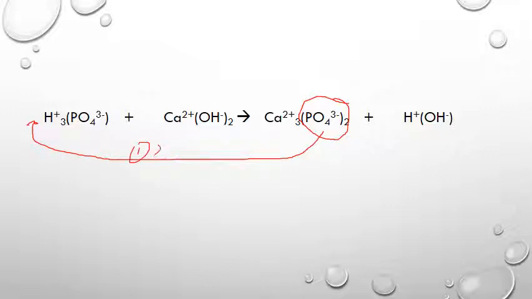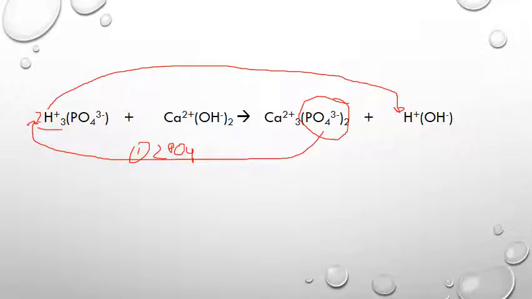So I'll come over here and give myself 2 phosphates. So 2. Okay, next thing I need to do is fix my hydrogens. So 2 times 3 is 6. It's 6 H's, and it's this H here. It's not this H with the hydroxide. So I put a 6 here.